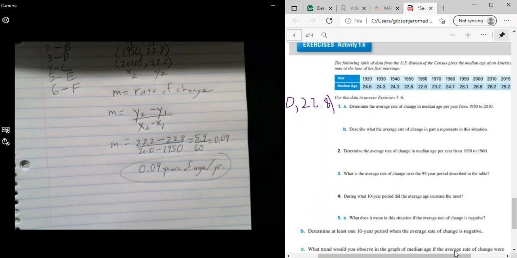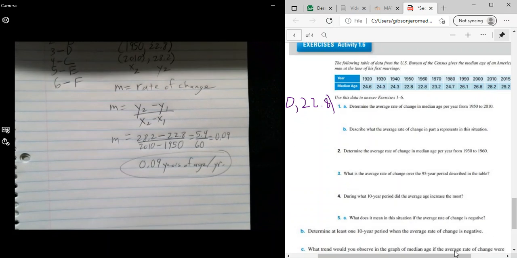Now it says describe what the average rate of change in Part A represents in this situation.